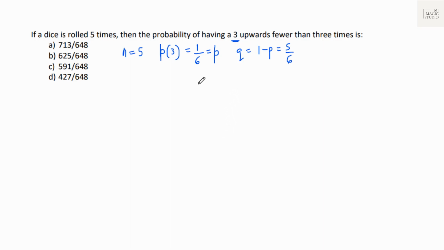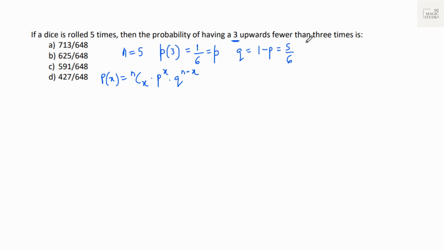Now if we look carefully, this particular question can be dealt with very simply with the help of the binomial distribution. Probability of x is given by nCx p to the power x q to the power n minus x. Now what is x?